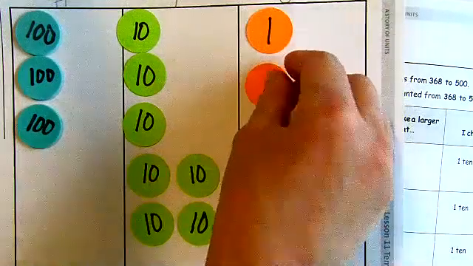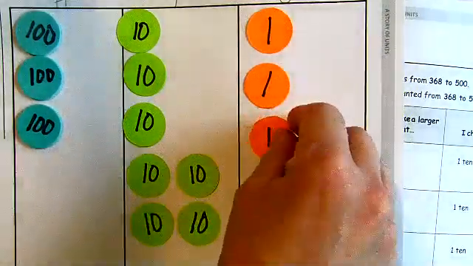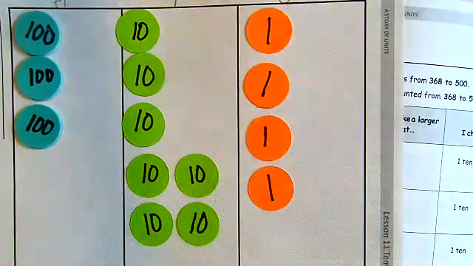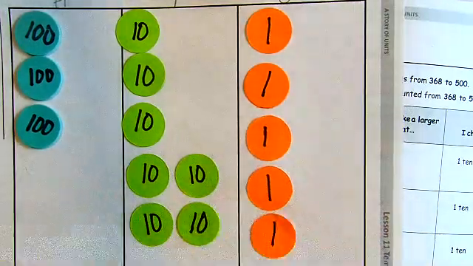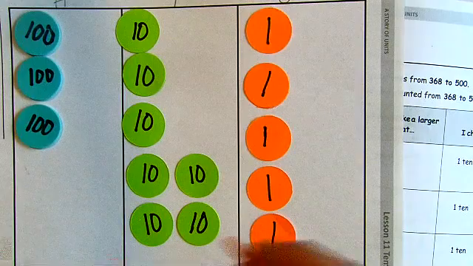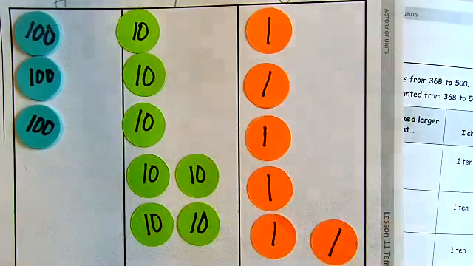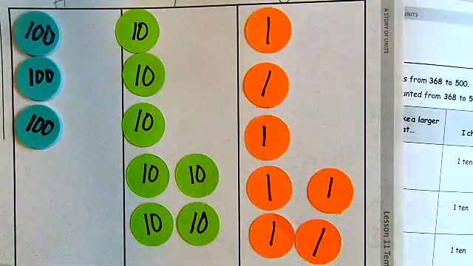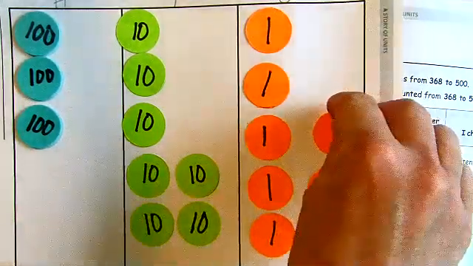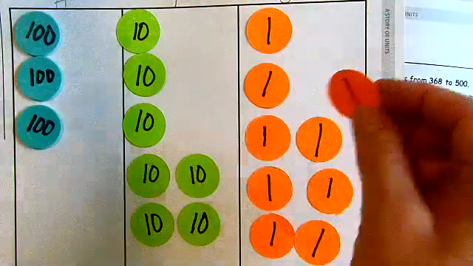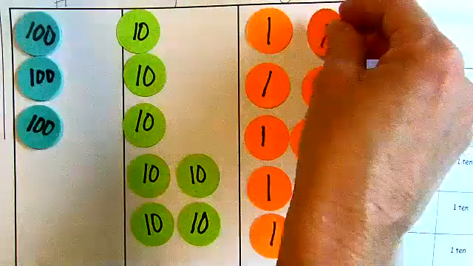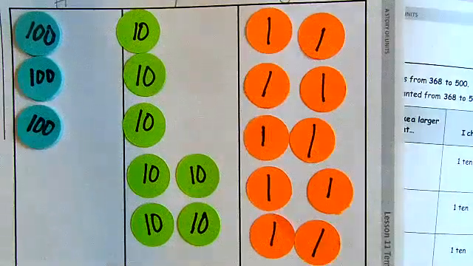371, 372, 373, 374, 375, 376, 377, 378, 379, 380.